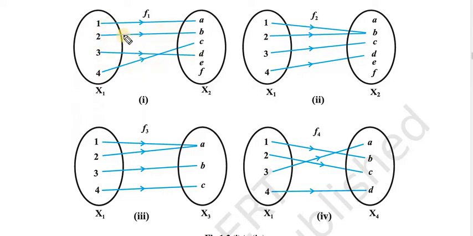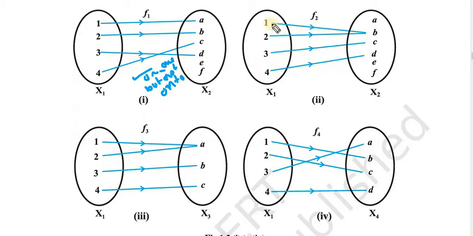No two points are going to the same element. Okay, so the images of all points are distinct. So therefore this is what? 1-1. Is this onto? No, because you have E and F here which don't have a pre-image. So this is 1-1, but not onto.